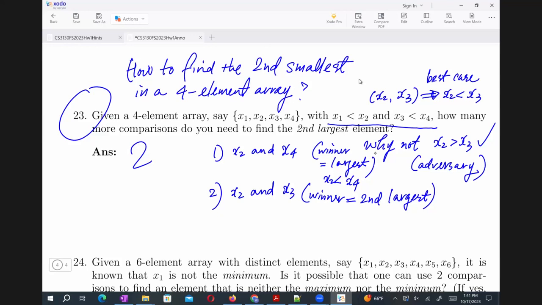Here, I point this out because in the midterm, I will give you a question closely related to finding the second smallest element. Okay? Not directly. I won't give you a direct question, how to find the second smallest. That's too easy. But indirectly, part of the question, you need to find the second smallest.